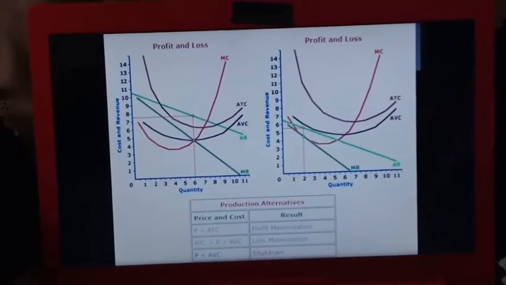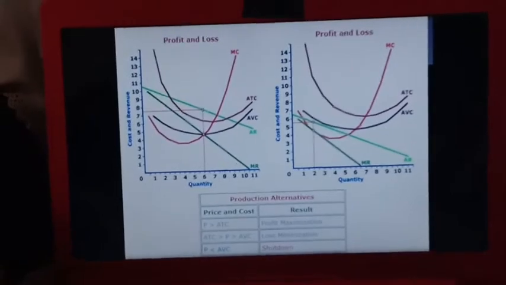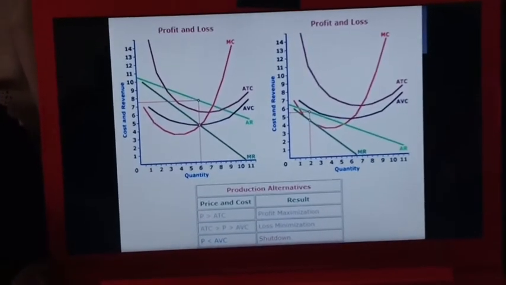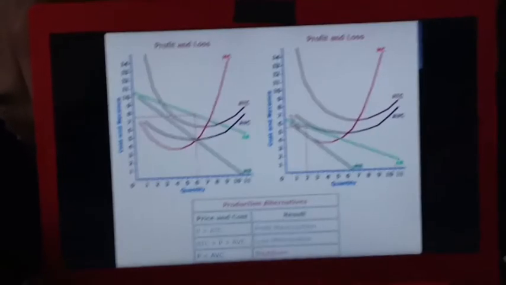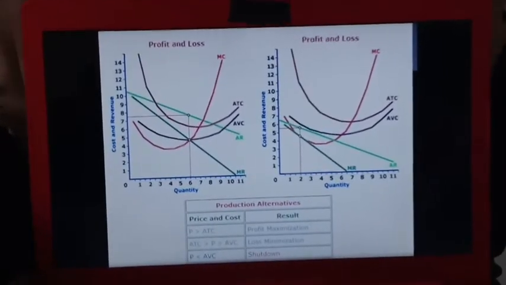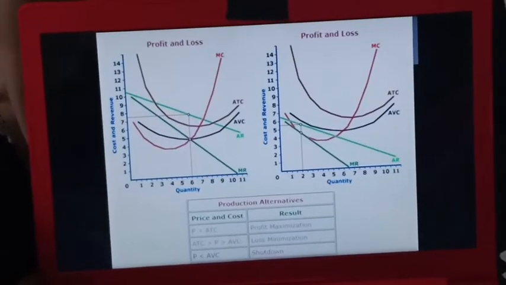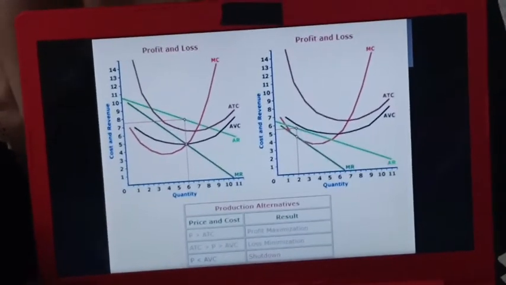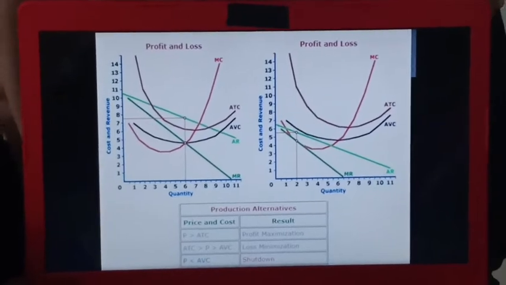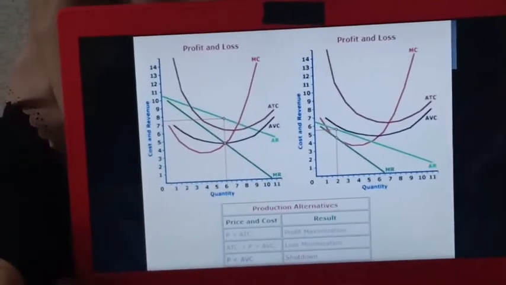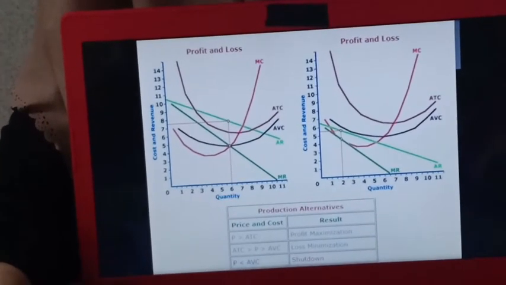How to determine whether they should shut down or continue the production? If the new price is between average cost and average variable cost, they will continue production, but they will experience loss. If the new price is below the average variable cost, Astramed needs to shut down their operation.